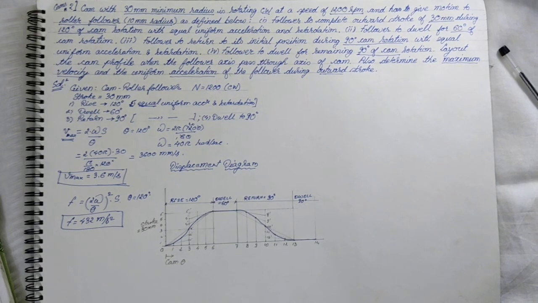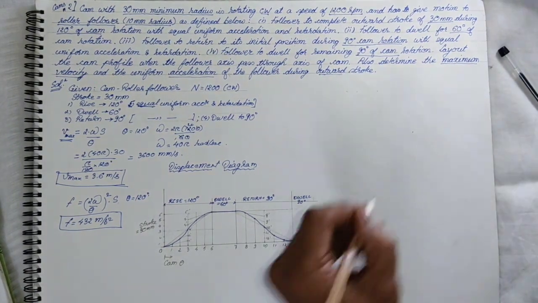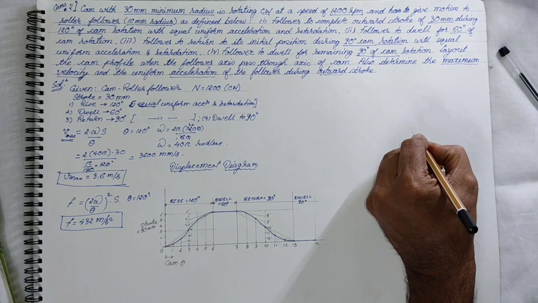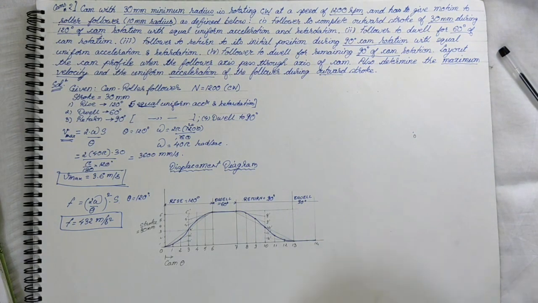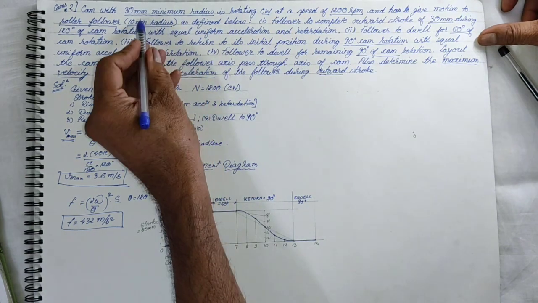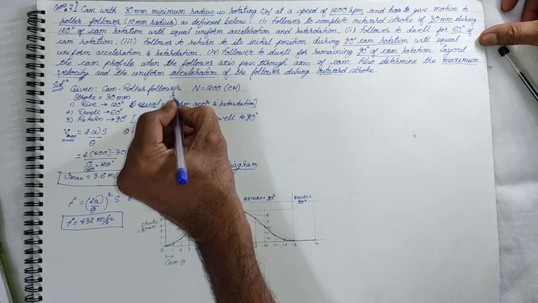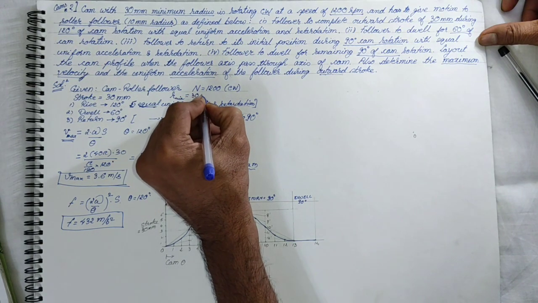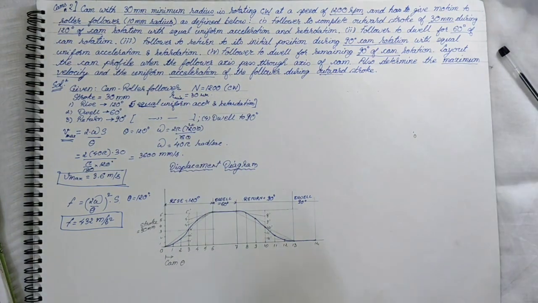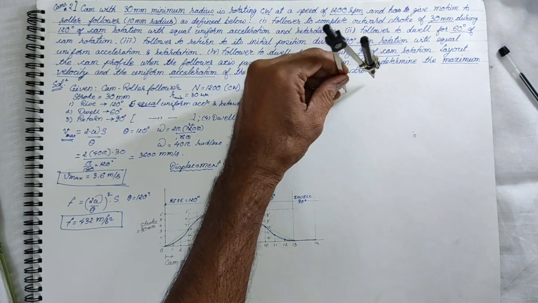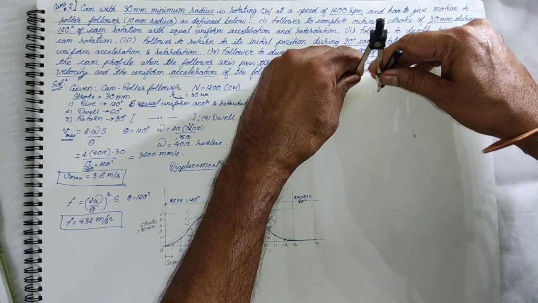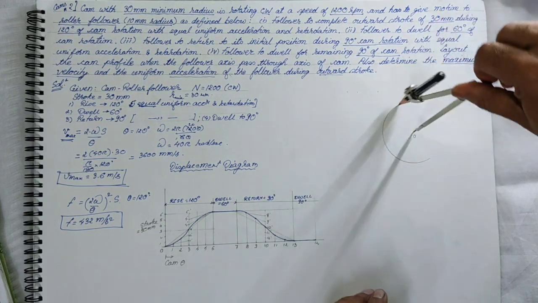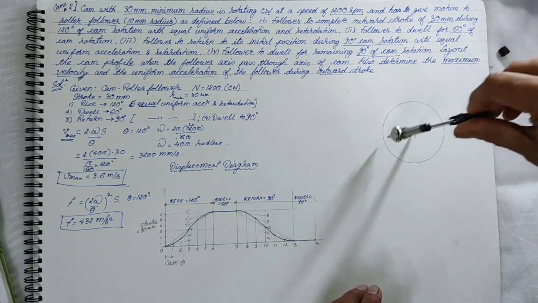And now we will see how to get the cam profile. So now we take one point, mark this point as O, the center of rotation for the cam. Now in the problem, the minimum radius or the base circle radius is given as 30 mm. So we take 30 mm in our compass, with O as center, and I draw first the base circle.